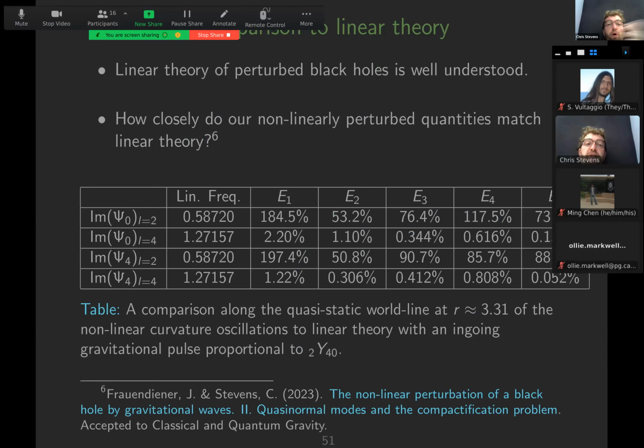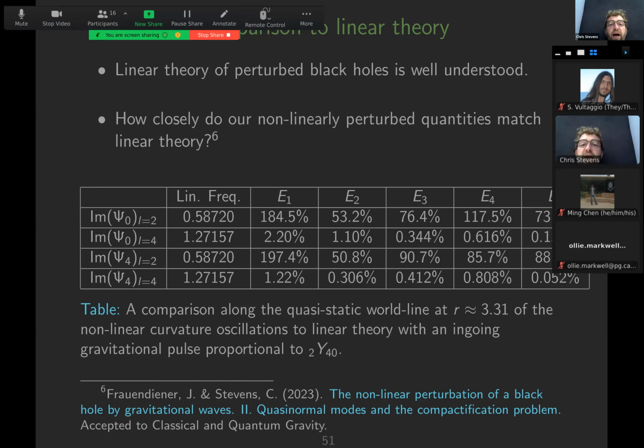So we do this in the non-linear regime, and the amplitude of the wave that we put in is 10 that we choose. So it's certainly not linearized, right? You square that and it's not going to be negligible. So amazingly, what we found was that if we look at those curvature oscillations and we look at the frequency of those, they should match the frequency of the linear theory if we look far enough in time once things settle down.